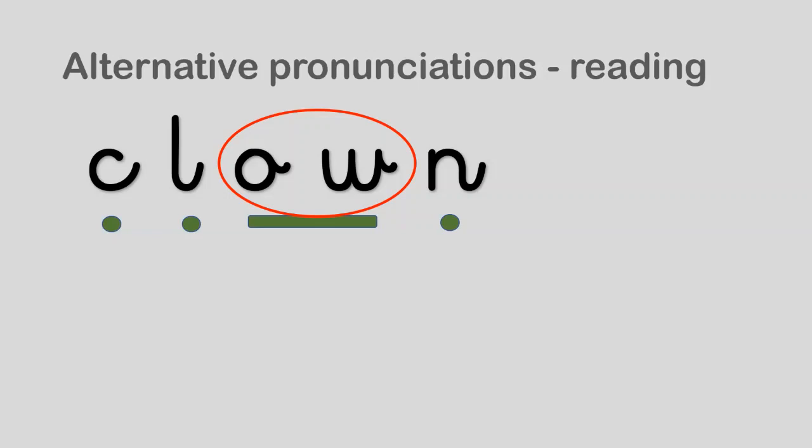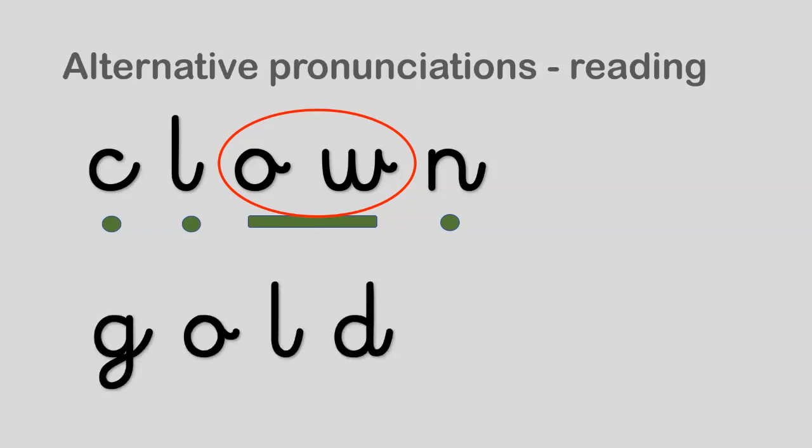Now, the other thing to be aware of is that for some words, there will be some slight tweaking required. Let's have a look at this word. G, O, L, D, gold. That doesn't sound right. I'm going to have another go at this letter. G, O, L, D, gold.